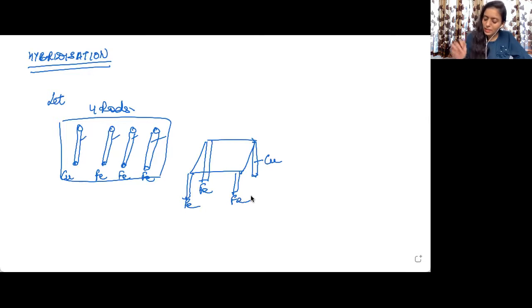So you will be clear that this is going to be the weakest leg. So now your table is formed in a way that 1 is the weakest leg and other 3 are stronger than that. It is not going to make a good table.